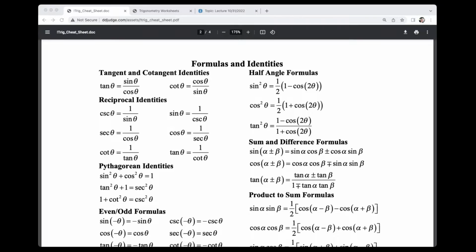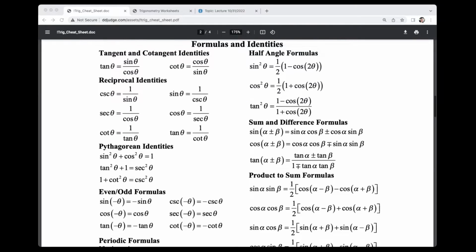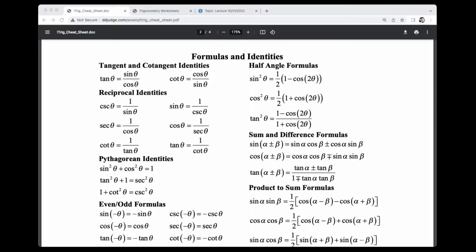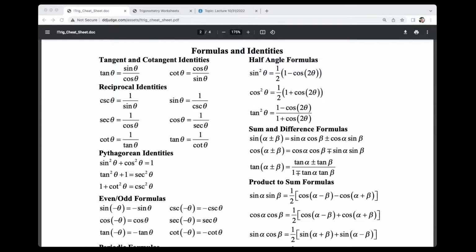You know the reciprocal identities, right? You know the Pythagorean identities. What else do you know? The even and odd. So in all honesty, all you know is what you see on the left side there. Is that true? So those are your known identities, okay? So not too bad on a spooky day.